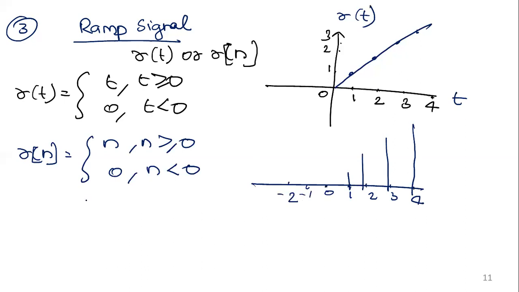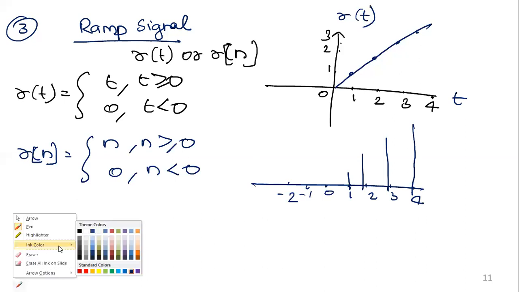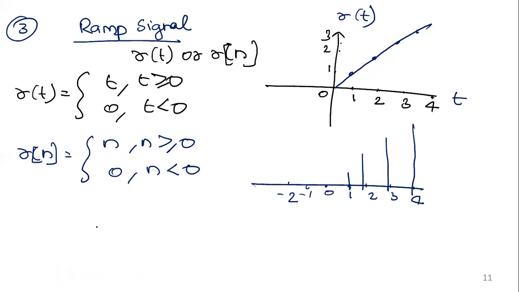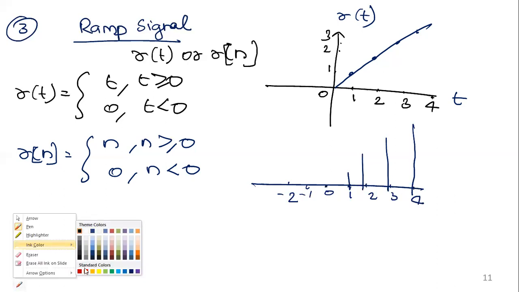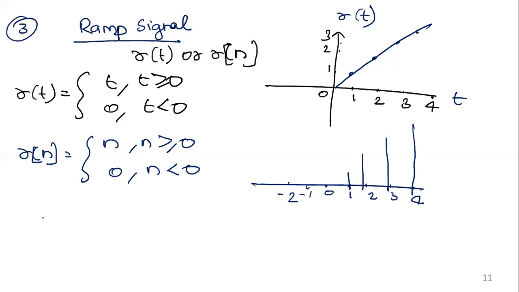Let me give you some important relationships connecting step, ramp and parabolic signals. Very important from an examination point of view. Integral of u of t will be equal to r of t, and also u of t will be equal to d by dt of r of t.